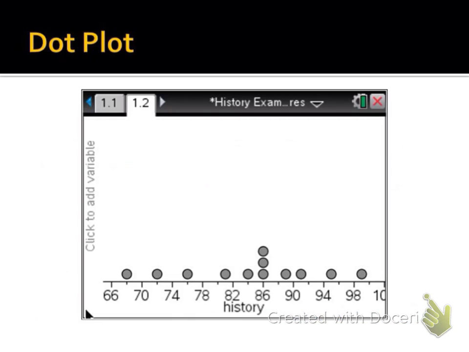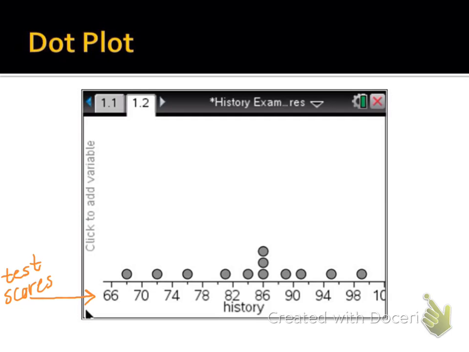Okay? But with that in mind, this is what a dot plot for our data of history exams would look like. So we start here, and you can see we have that pretty simple axis right here. It's just a single axis, so it kind of looks like a number line. And the numbers on that axis represent the test scores.